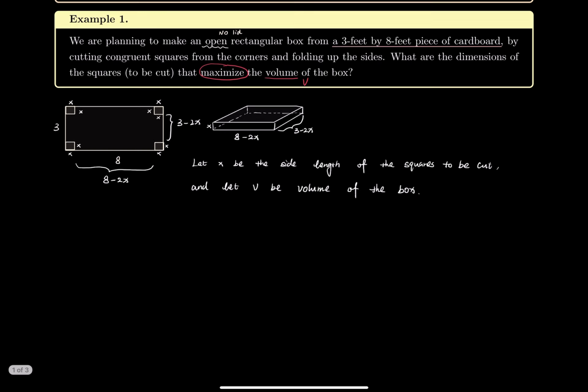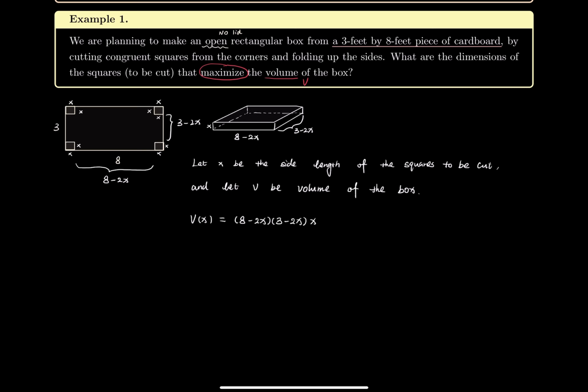Alright, so now we know what my next step is. I need to write a function of what I need to maximize using my variable. Here we are lucky because by setup I only have one variable, which is x, so we're good. Then we have volume as a function of x, which is 8 minus 2x times 3 minus 2x times x.